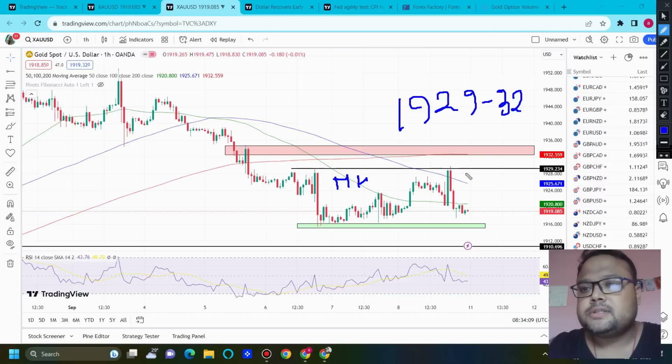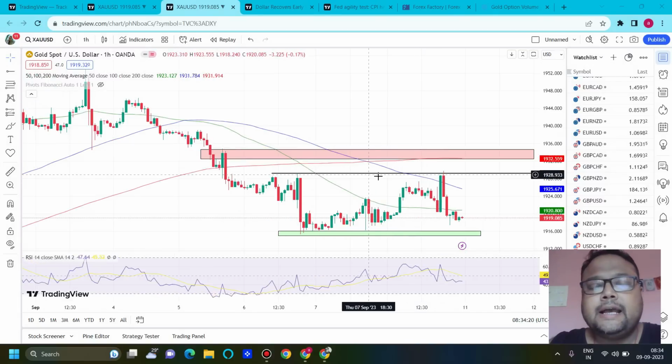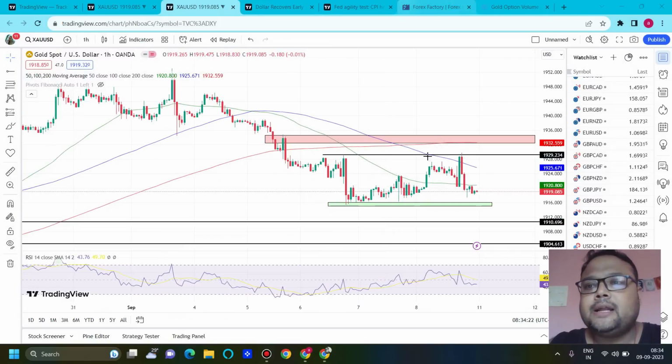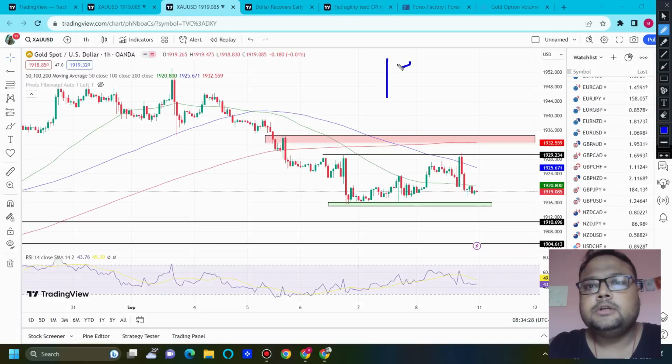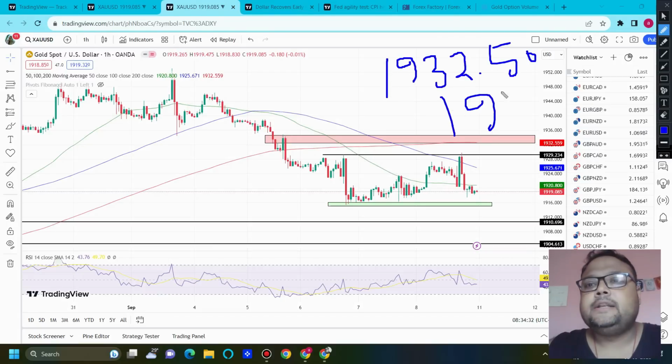If gold reverses, if you see gold struggling around this area, you'll get the confirmation that sellers are still present, and you can go for a sell position. On the other hand, the next resistance will be around 1932.50 to 1934.